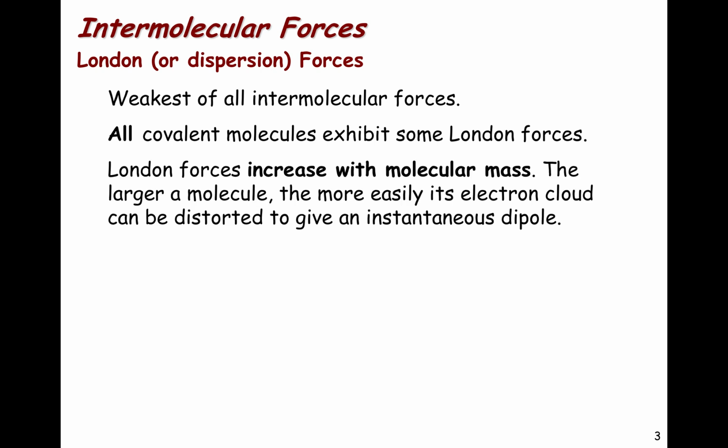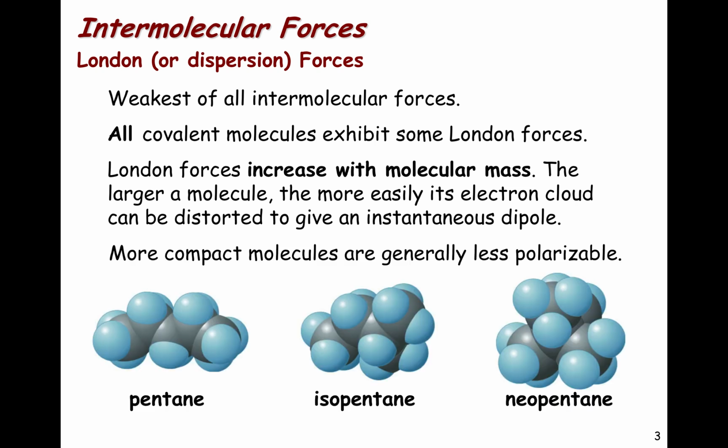If you have more and more atoms with more and more electrons, the probability that the London dispersion force is significant increases. The bigger the molecule, the more likely that you could have a distorted electron cloud, and therefore the strength of the London dispersion forces increases for big molecules compared to small molecules.